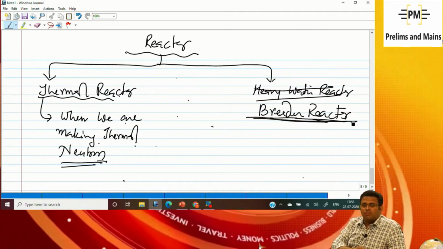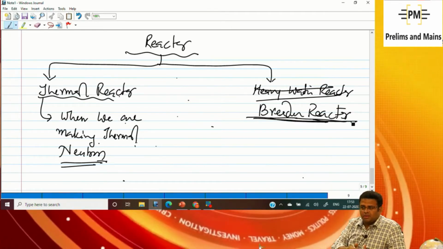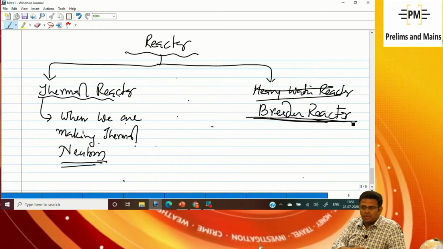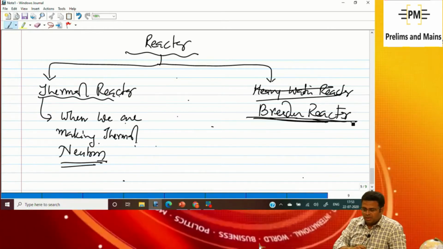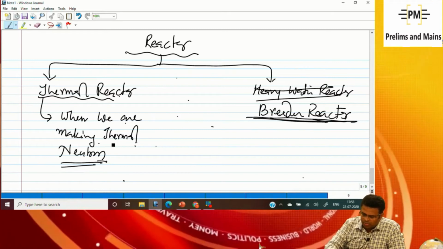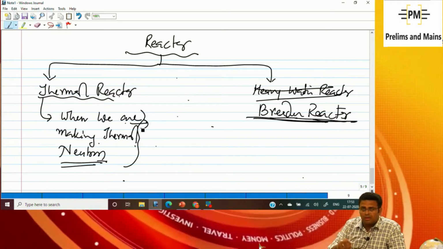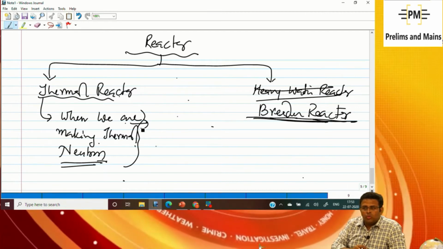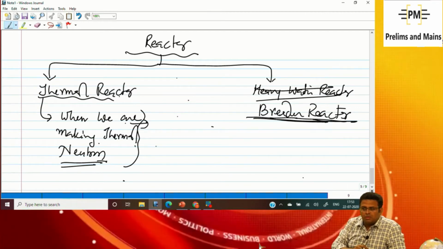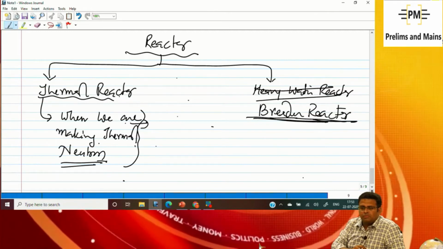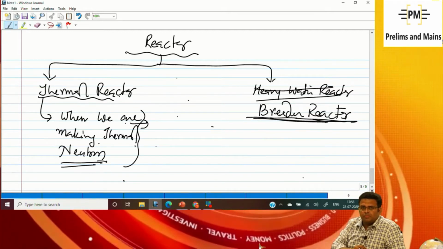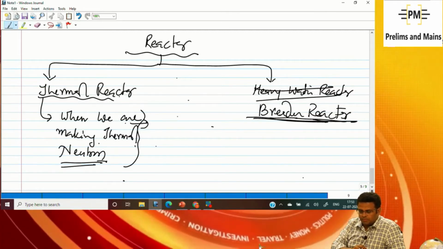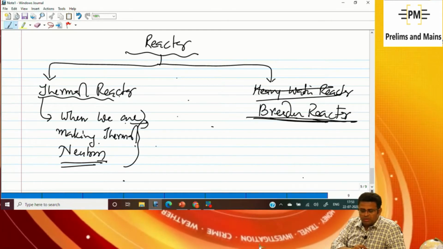You must have heard of one concept, the fast breeder reactor. Perhaps you know that. In the breeder, how do we make thermal neutrons?